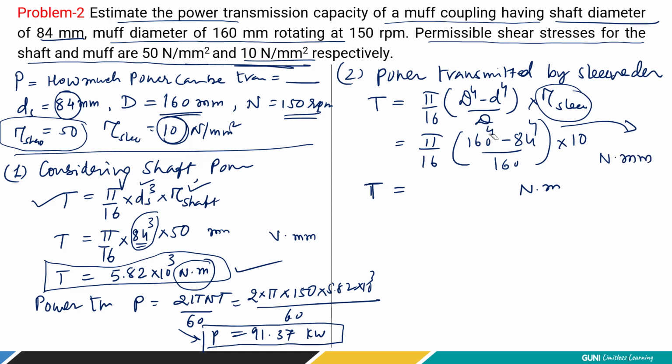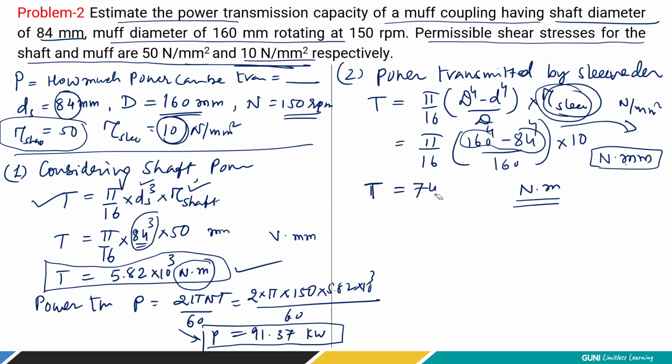Because here the diameter is taken in millimeter and the shear stress value is Newton per millimeter square, so the millimeter squared cancels out, and the final value is Newton millimeter. But for the power, we need it in terms of Newton meter. Remember this. So students, try to find out and let me know the value.